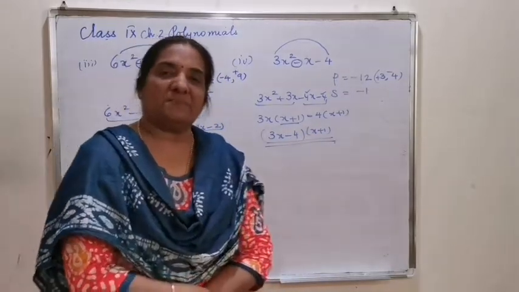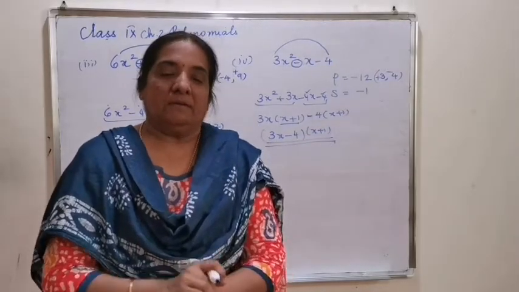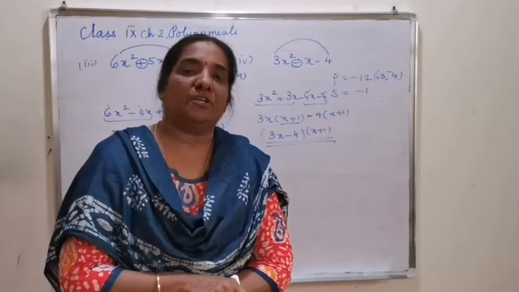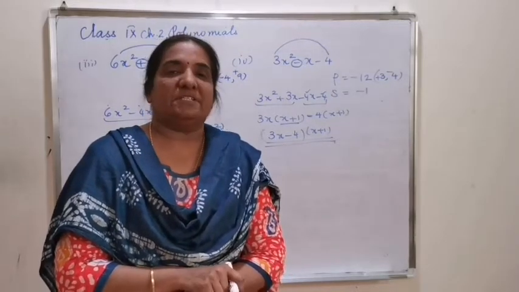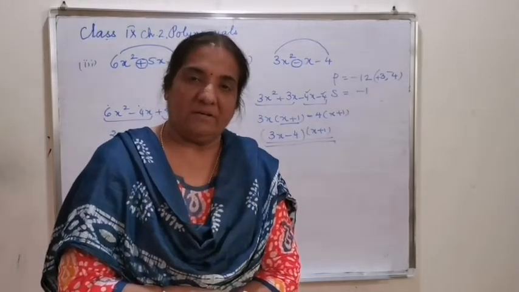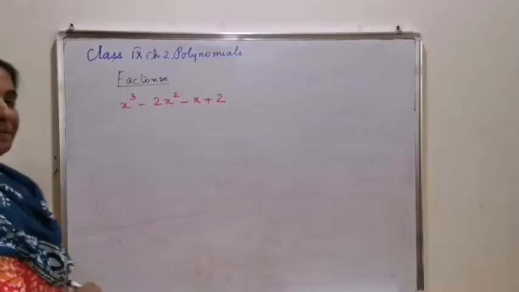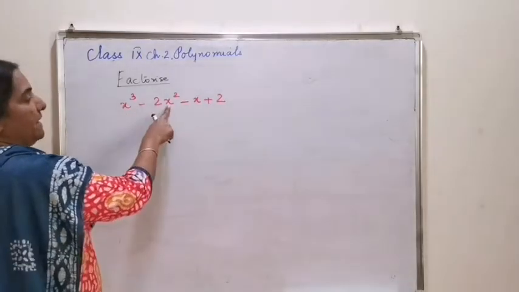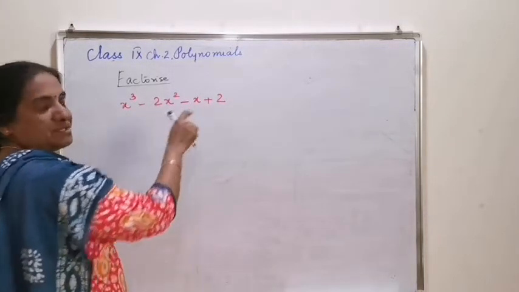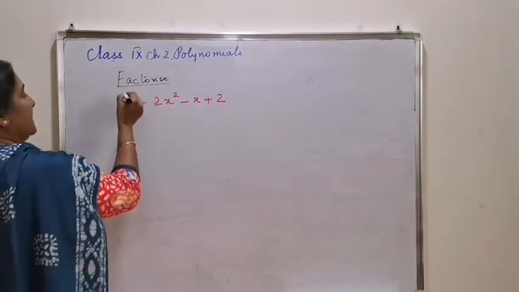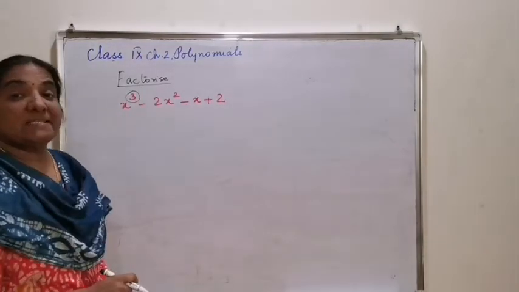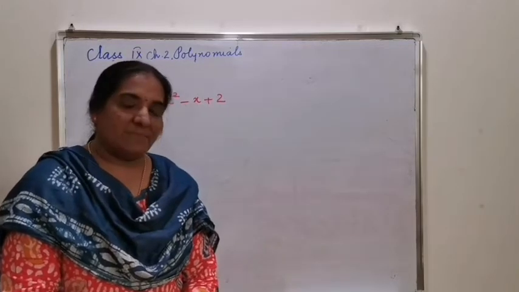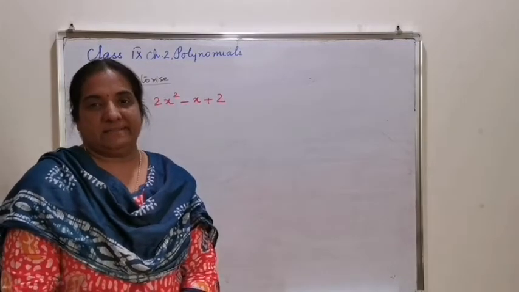Once you are thorough with the splitting of the middle term, the next question is to find all the factors of a cubic polynomial, which is a very, very important 4-mark question for any exam. The question is: factorize x cube minus 2x square minus x plus 2. Since the degree of this polynomial is 3, it can have a maximum of 3 factors.